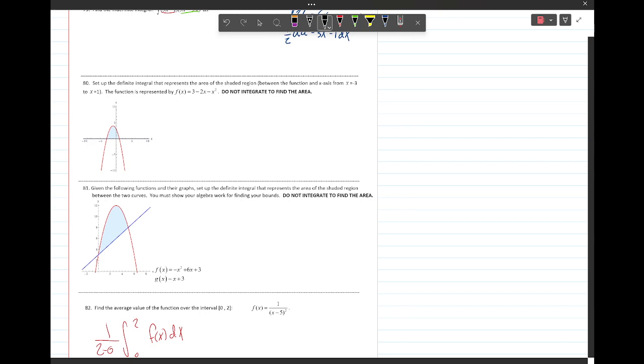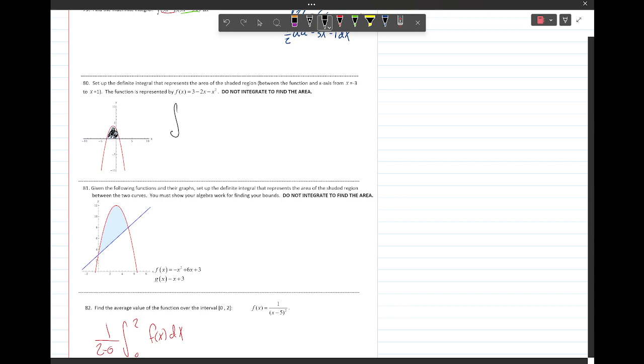For 80, all we have to do is remember that area means integral. So this question is asking what is the area of this blue region. Remember, the area between the graph and the x-axis is given by the integral.